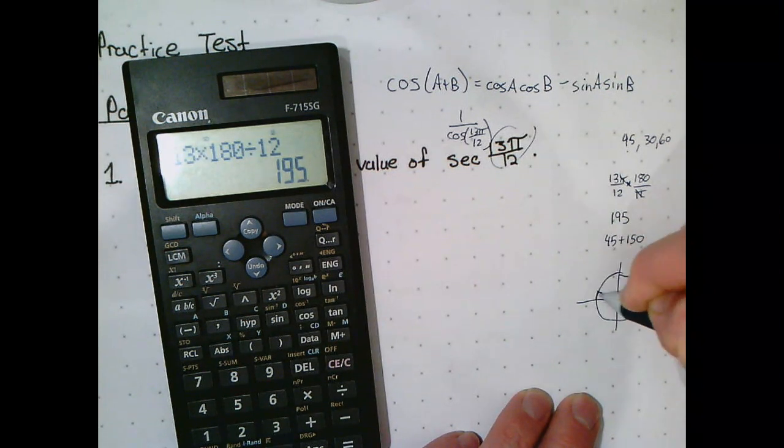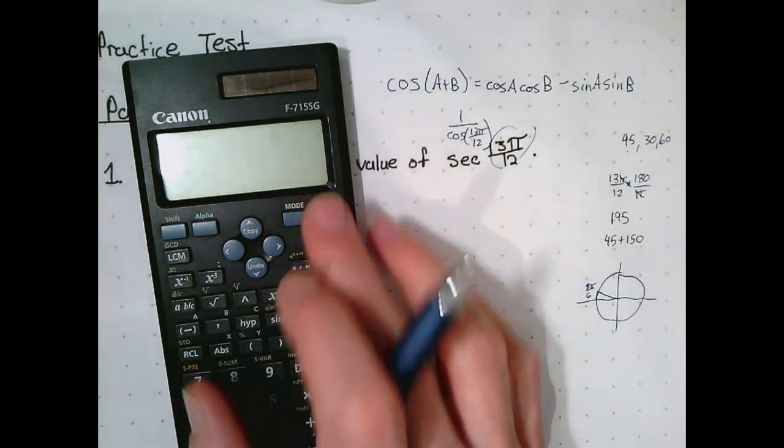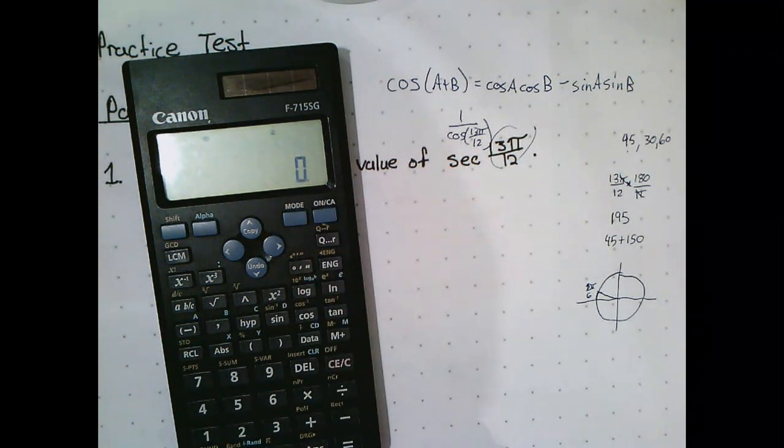Converting it back to radians, that would be 5 pi over 6. You can double check that by saying 150 over 180 times pi. That's 5 pi over 6, and 45 is just pi over 4. Okay, so those are pretty straightforward numbers.